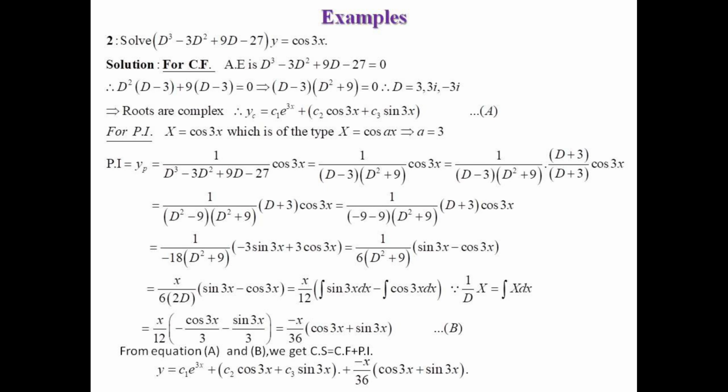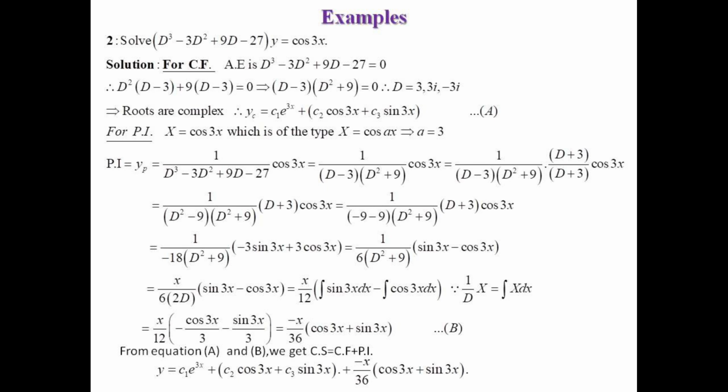So here the auxiliary equation is D cube minus 3D square plus 9D minus 27 equal to 0. If we apply the concept of synthetic division, then we can easily get the roots of this equation as D equal to 3, 3 plus minus 3i. That means we get a complex root.